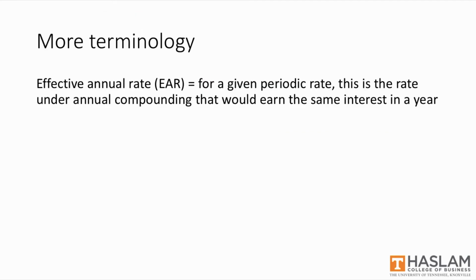We have a number called the effective annual rate of interest, or the EAR, that allows us to compare compounding periods for the same annualized rate.